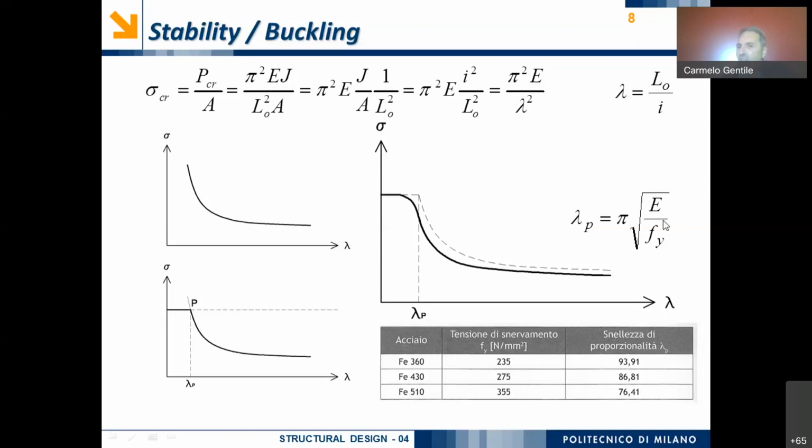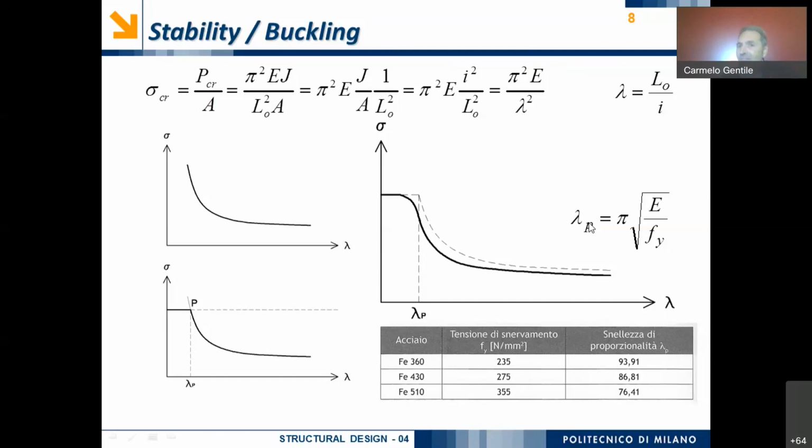It is interesting to observe that corresponding to the slenderness of proportionality, at the same time, we will have the value of the yielding stress, but also the beginning of an instability phenomenon.